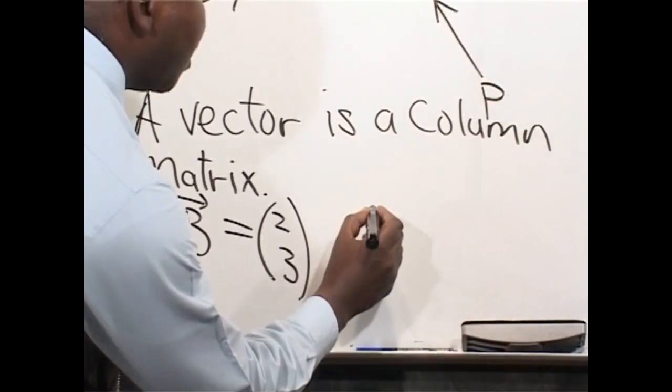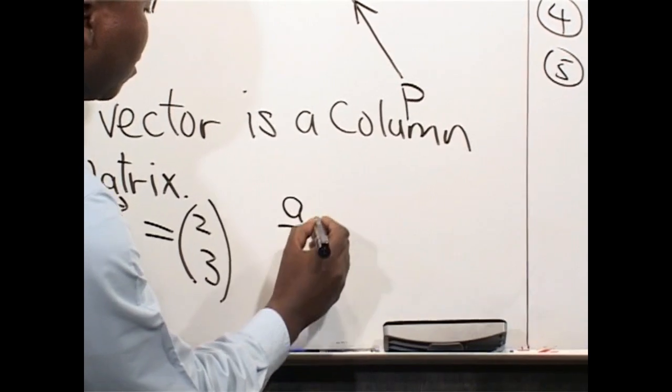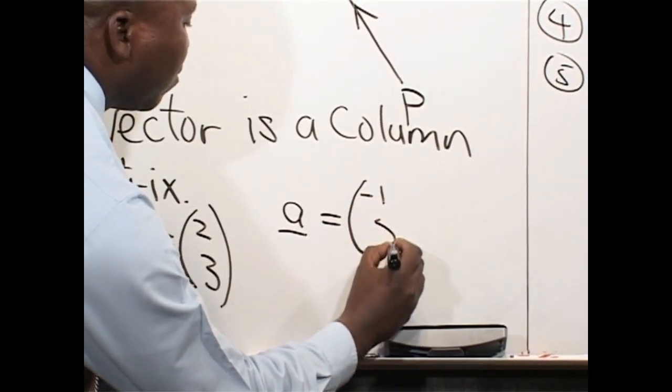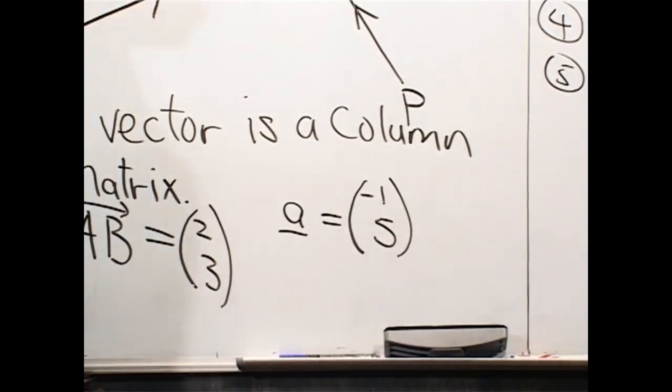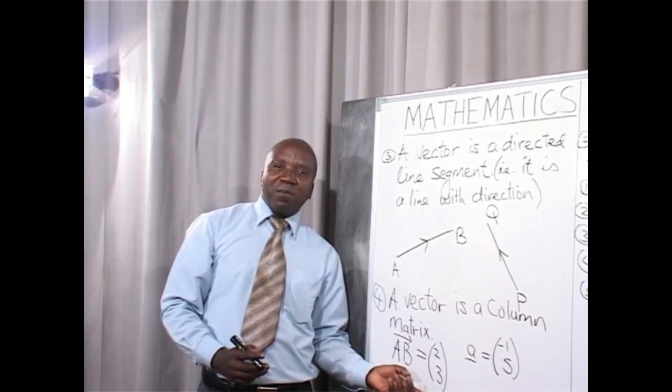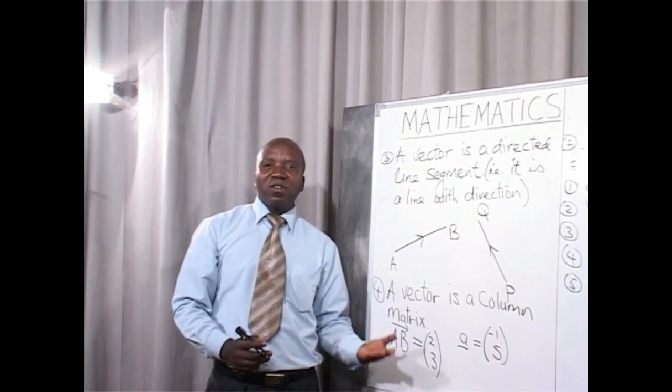I can have another vector A written as -1, 5. This is another vector. Vectors written in this way with only two numbers are called vectors in 2 dimensions. So we can increase the number of numbers in that vector.